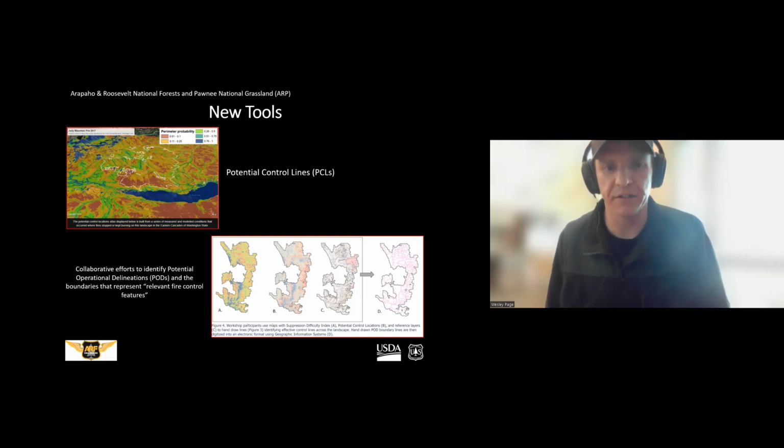So yeah, I wanted to take the stuff that's been done in the past, utilize this new information, our new tools, and see where we could come up with some ideas or places where we'd want to start looking at putting in some fuel breaks.